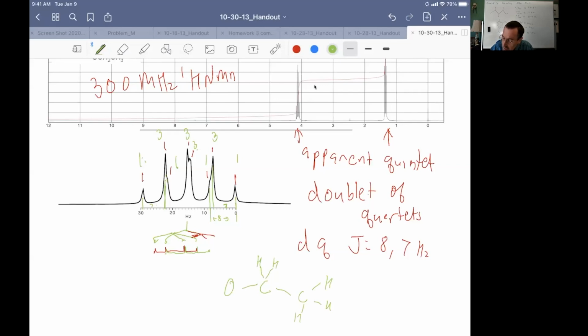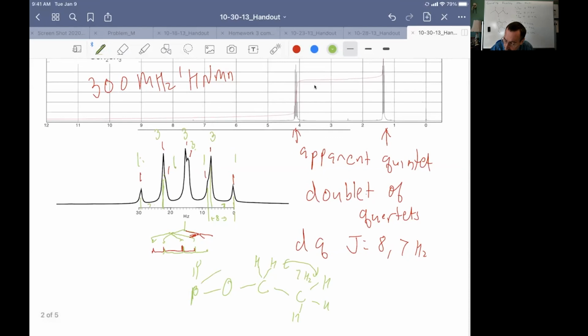And so this coupling here is 7 hertz. And we're next to a phosphorus over here, a phosphoryl group. And this coupling here, the heteronuclear coupling, is 8 hertz.